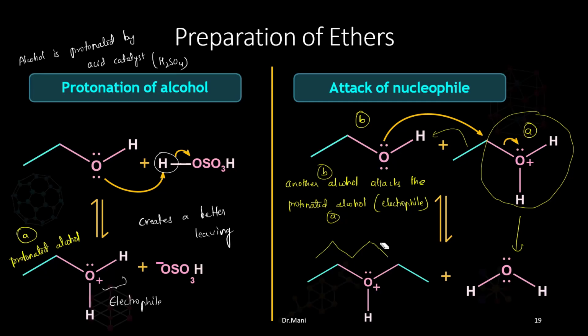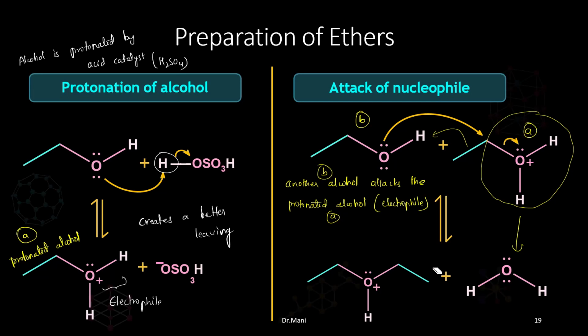Understood? So this attachment will happen by the SN2 mechanism. And remember, there is a partial transition that will happen here for the bond formation and bond leaving, which we discussed in the SN2. There is a transition state where the new bond is forming and the old bond is leaving or breaking. So that transition phase will be happening here.